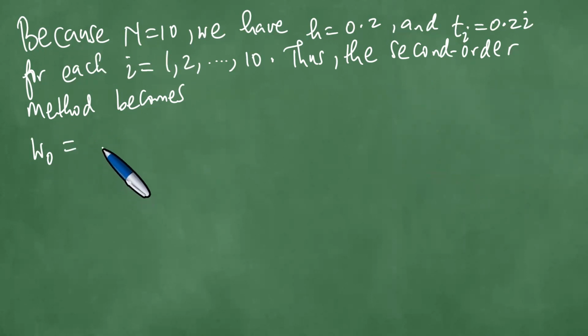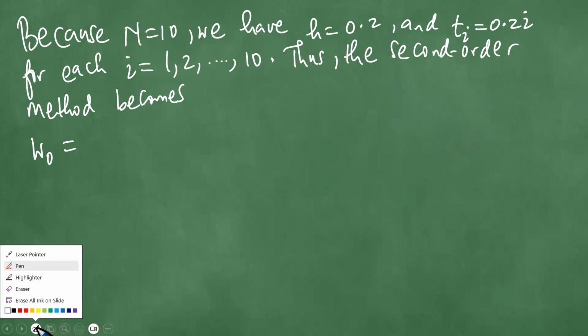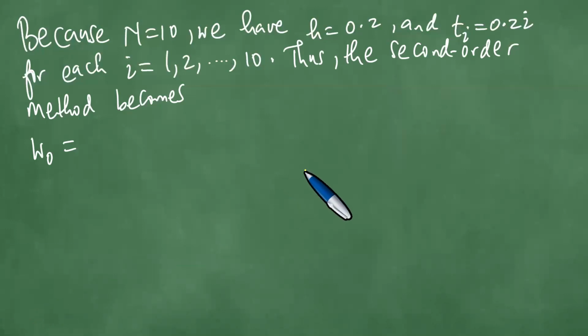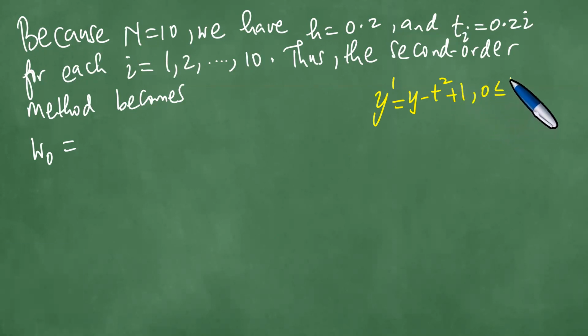Your calculator must be very handy. Because we know that in this question, y prime is y minus t squared plus 1, and y0 is 0.5.